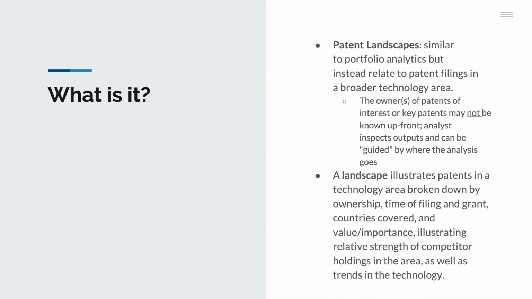The technology is broken down by all the same parameters: landscape, ownership, time of filing, grant, countries covered, and value and importance of the patents. So you can compare different companies' portfolios in a given technology area. Next slide.